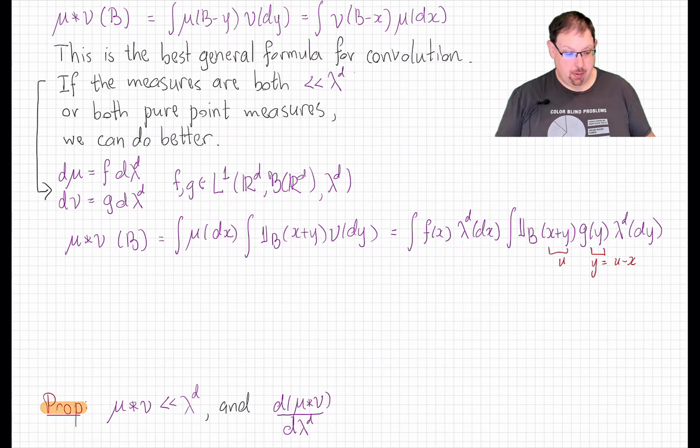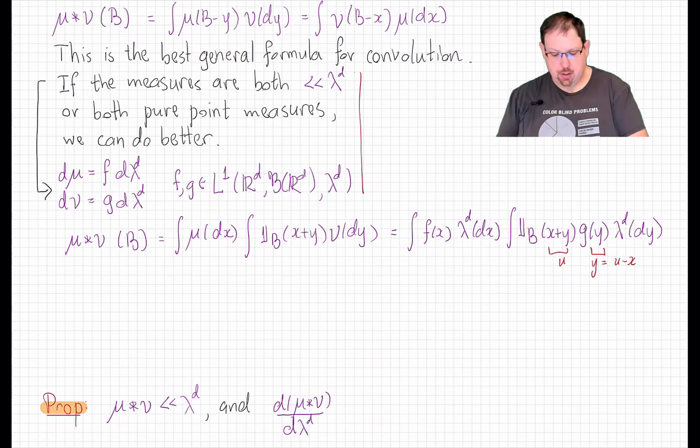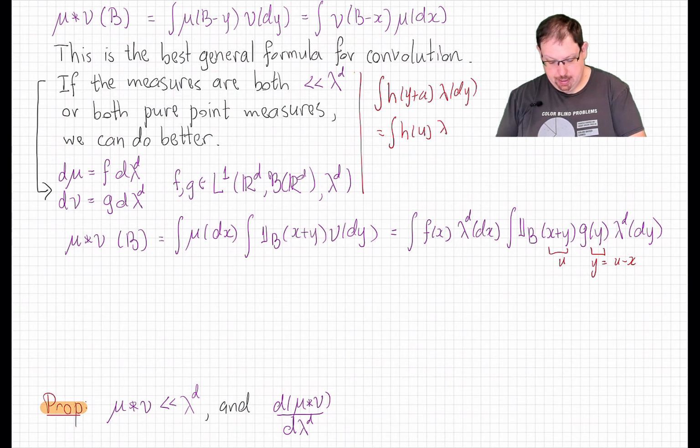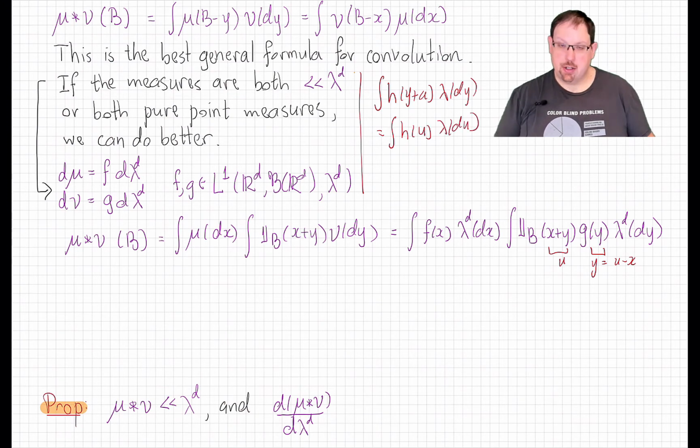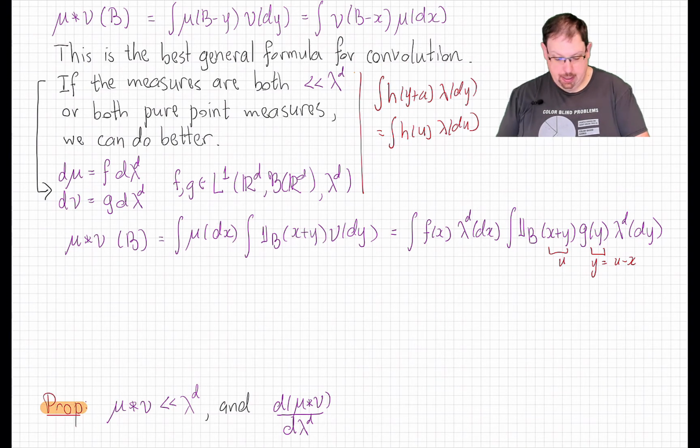And in fact, it works exactly the same way, because we can just note that if I integrate an L1 function h translated by a against the Lebesgue measure, then that's equal to the integral of the function not translated against the Lebesgue measure. And that follows easily from the fact that the Lebesgue measure is translation invariant.